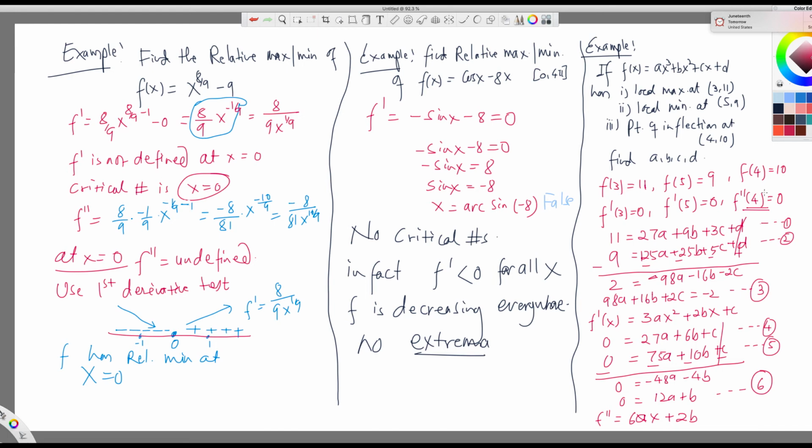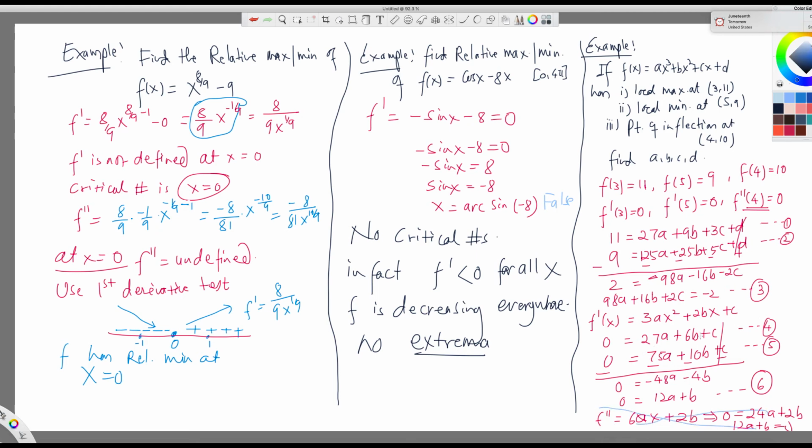Then use f double prime of 4 equals 0. What do you get? 0 equals 24a plus 2b. Basically, you get exactly the same equation, 12a plus b. So you don't have to do this part because we got the same equation, okay?